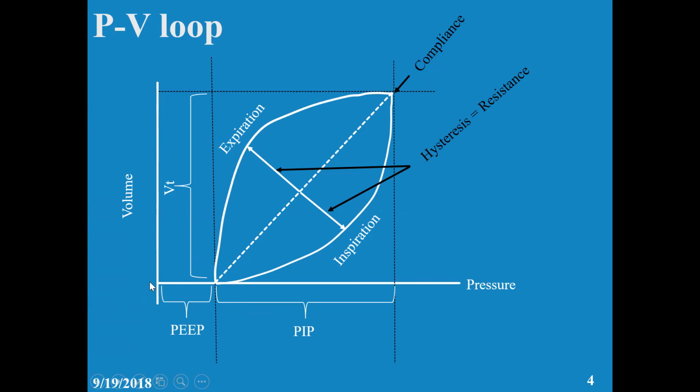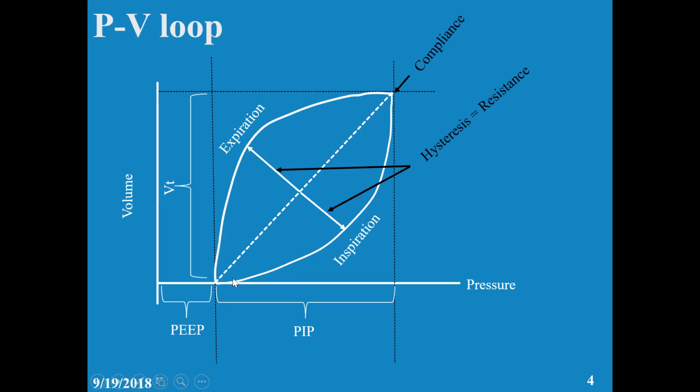You can see that the pressure volume loop never starts at zero because it starts at PEEP. There is always a pressure here. Then the pressure goes up and up, and the volume goes up, until we reach a point at the end of inspiration, and then it starts to go back to zero, and so on.